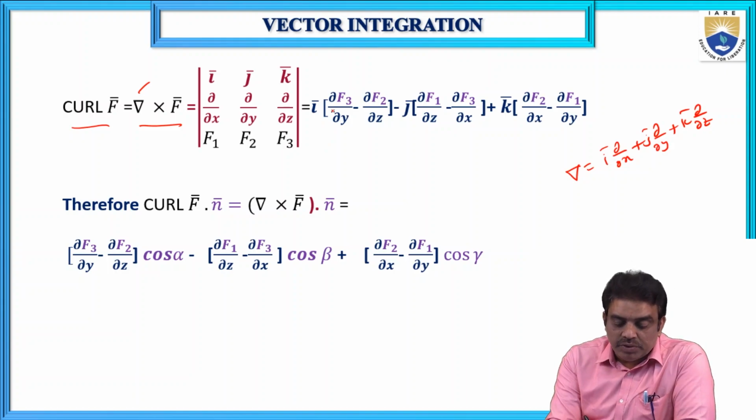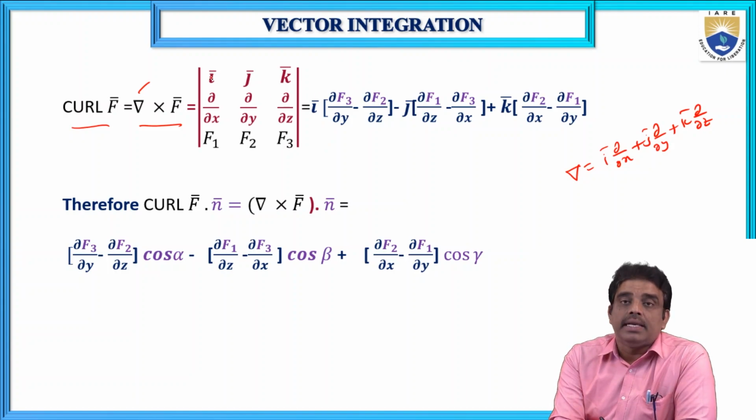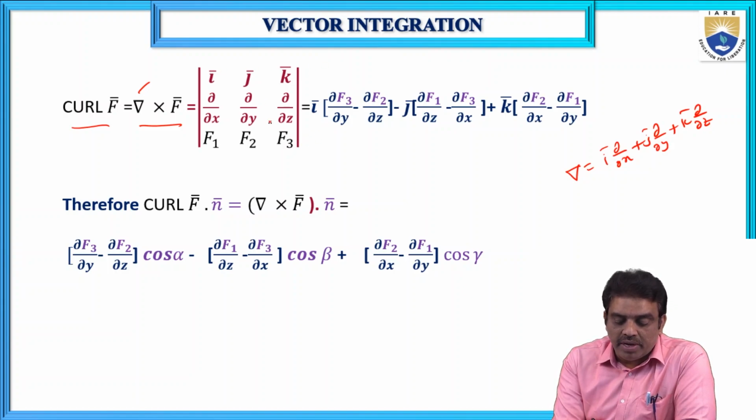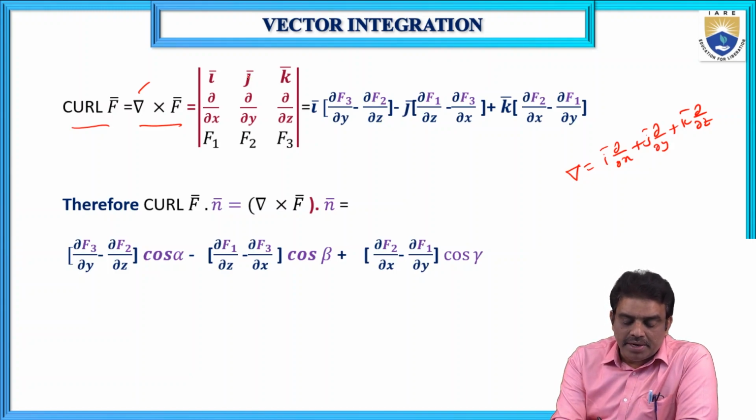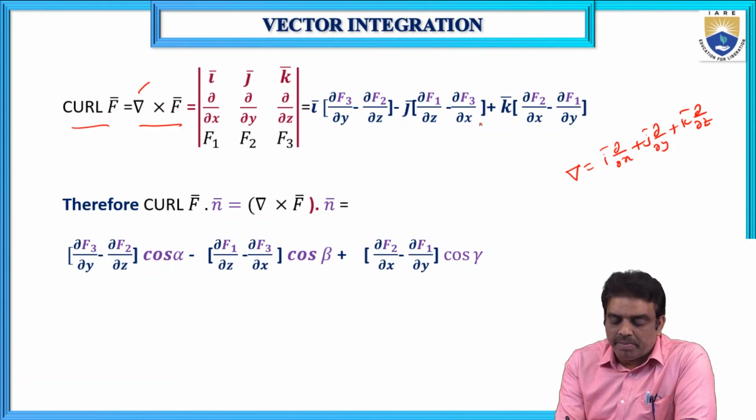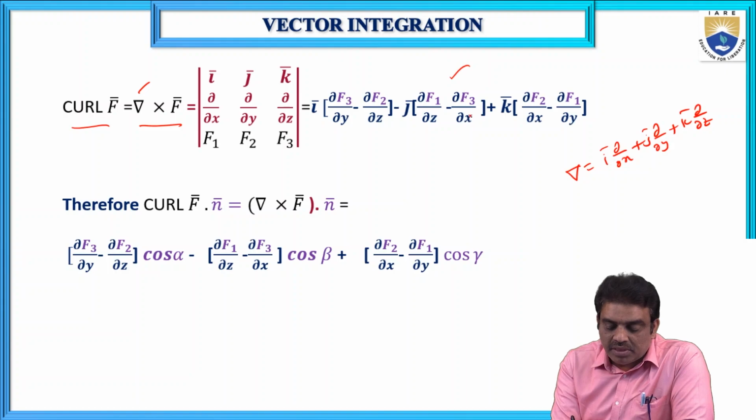Del means i bar dou by dou x plus j bar dou by dou y plus k bar dou by dou z. Now on expanding this, we get i bar into, on discarding the first row and first column, dou f3 by dou y minus dou f2 by dou z, minus j bar into, on discarding this row and column, dou f3 by dou x minus dou f1 by dou z.